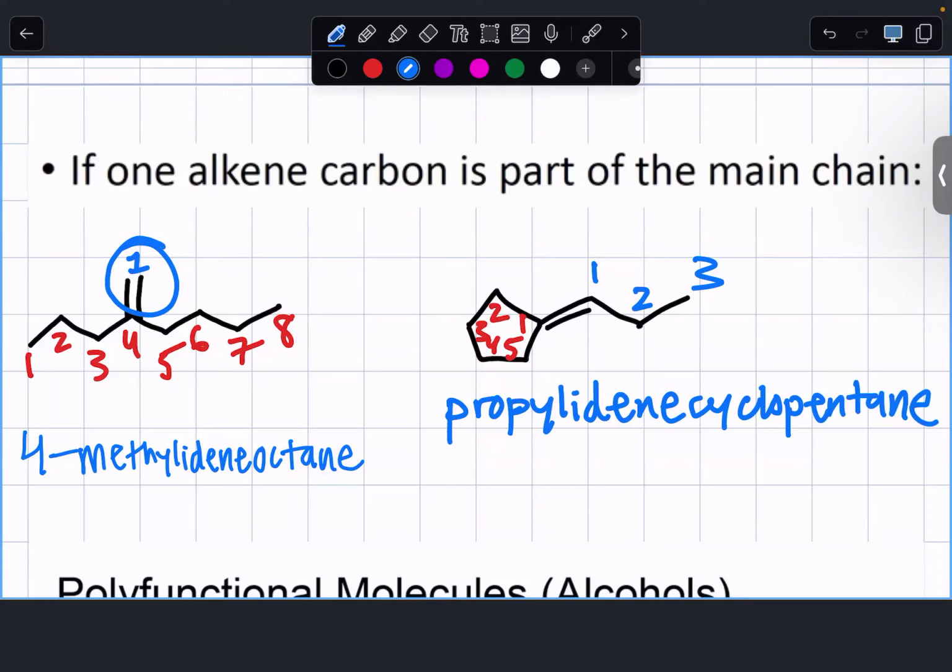Because our main chain is this cyclopentane right here, our substituent is 3 carbons long, where one carbon of the alkene, or half of it, is attached to the main chain. If only one carbon is attached to the main chain, we use ylidene. And it's propylidene because the substituent is 3 carbons long. This was methylidene because the substituent was 1 carbon long.